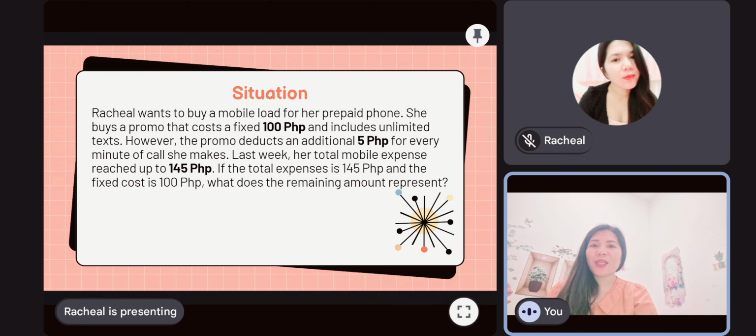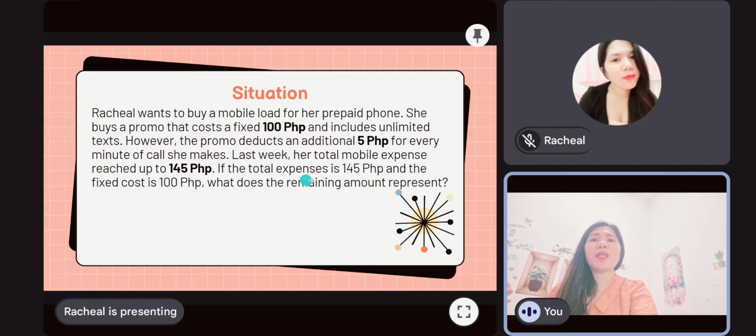However, the promo deducts an additional 5 peso for every minute of call she makes. So every 1 minute, she has to pay 5 peso. Last week, her total mobile expense reached up to 145 peso.